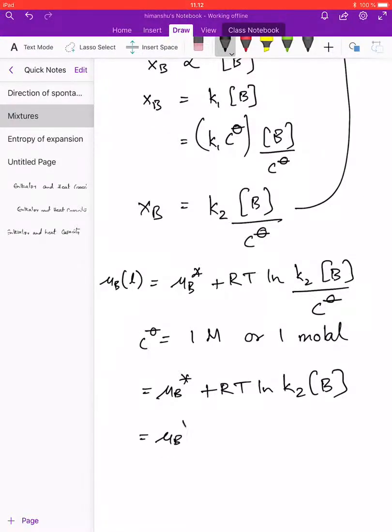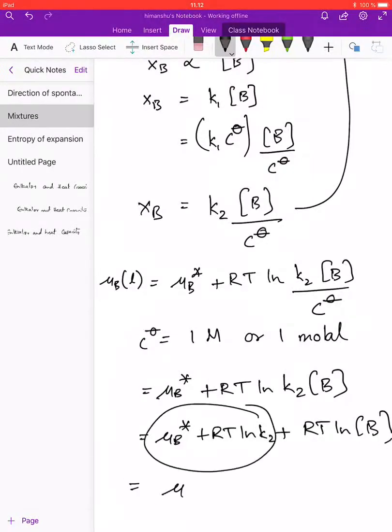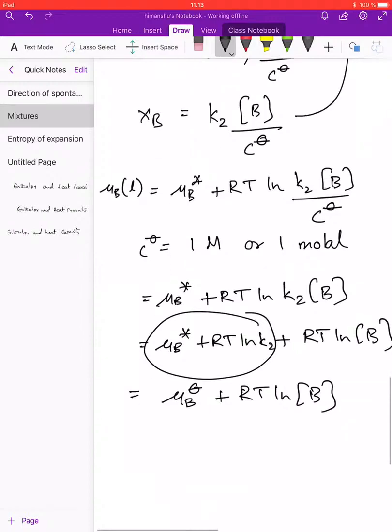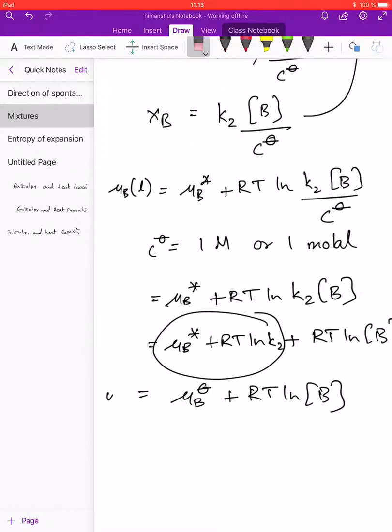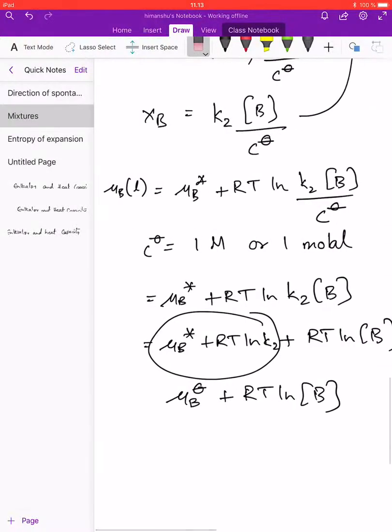And I can expand this further like I did in the previous case and write this as RT log of K2 plus RT log of the concentration of B. And now this whole term can be written as some standard chemical potential of B plus RT log of the concentration of B. So for a dilute solution, this is the expression for the chemical potential of B in the liquid phase.